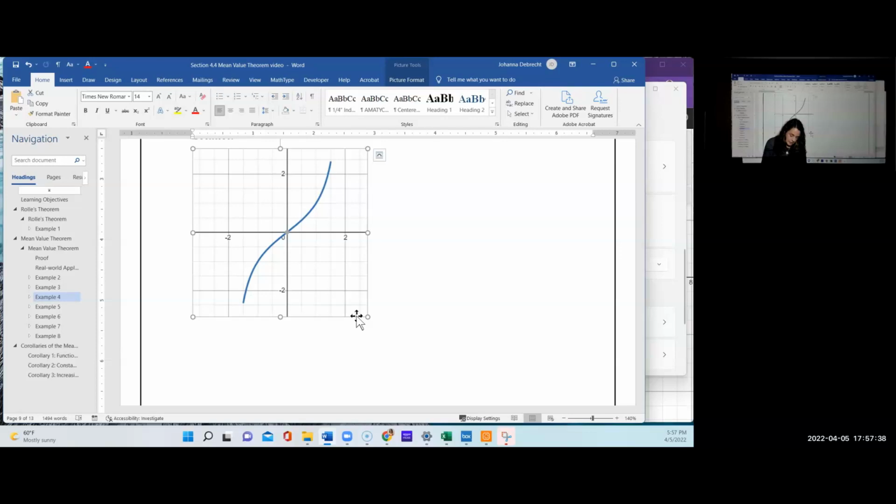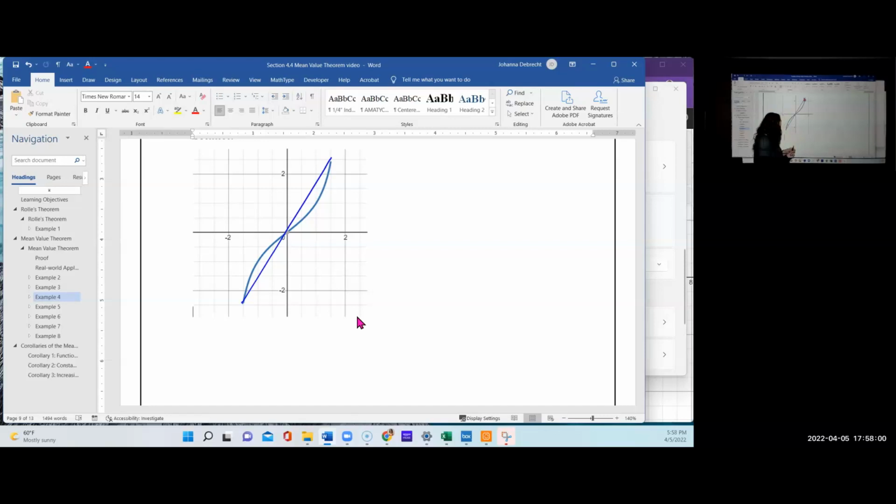Trying to connect the endpoints is always a little tricky. You have to hold it pretty still. Okay, so it looks like there. Notice that this is almost identical to the one we did a couple times ago. This isn't a whole lot different. What do I notice? Well, again, I think I've got 2 places.